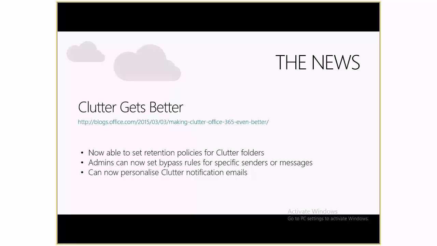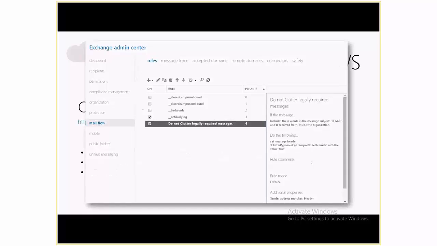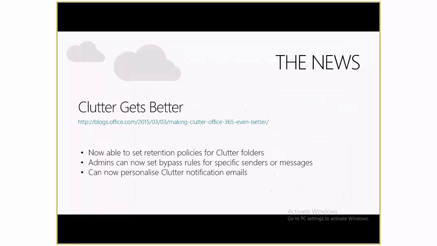Yeah. And you can also personalize Clutter notification emails. So sorry, the last one, that was just an example of the Exchange Admin Center, how you can now go in and set those rules for Clutter. And the personalization of the emails, it's pretty much something like that.